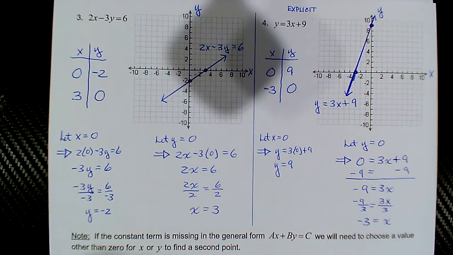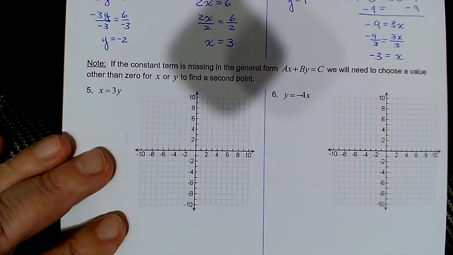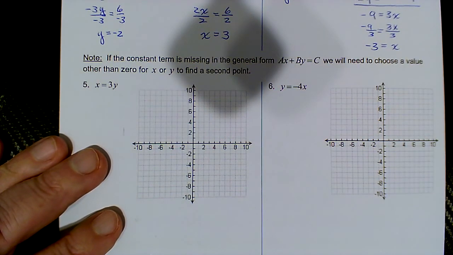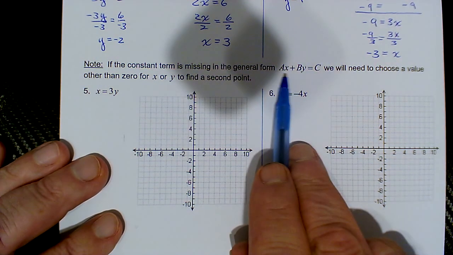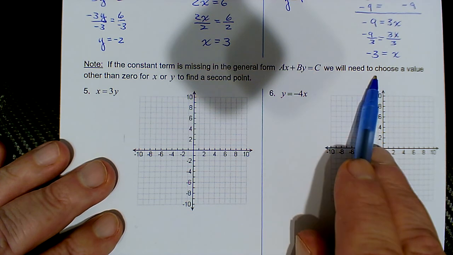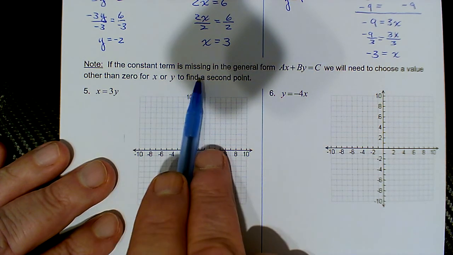Okay, now here's a special situation. If the constant term, that is the number, is missing in this general form, then we have to choose a value other than 0 for x or y to find a second point.